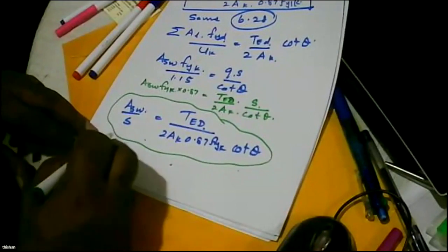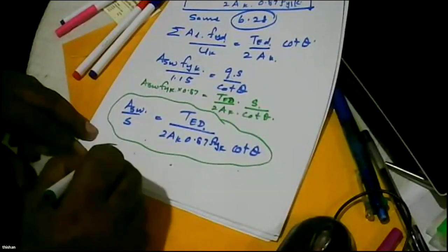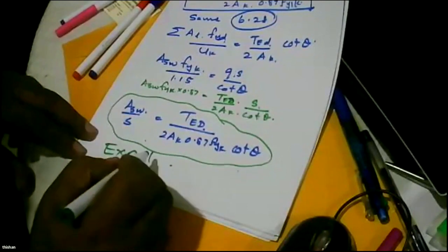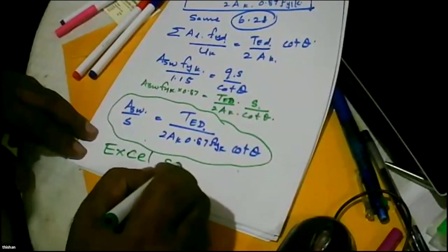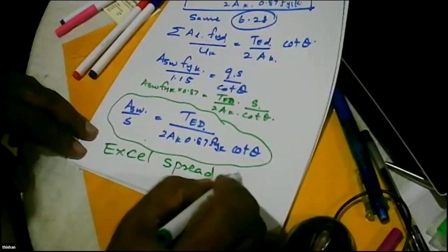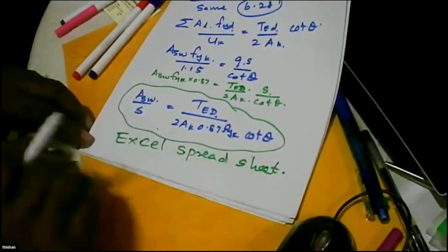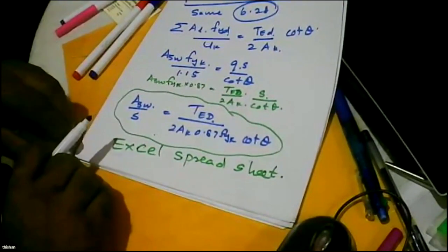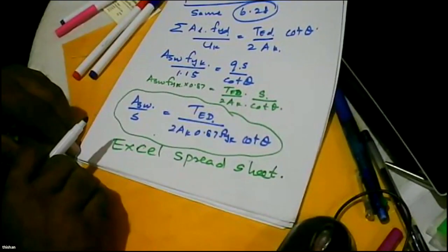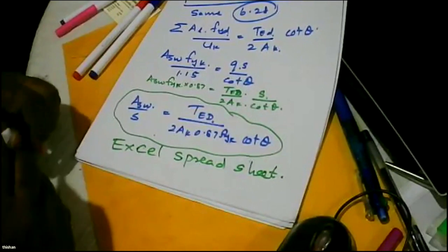So that's why I said the solution for torsional design is an Excel spreadsheet, because all the equations are not given in the code. We are using some equations from textbooks.